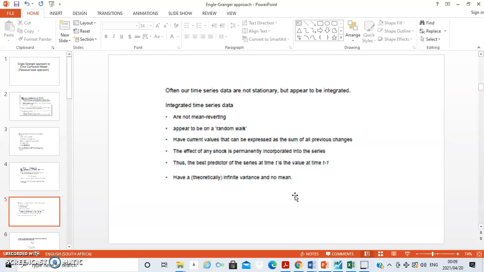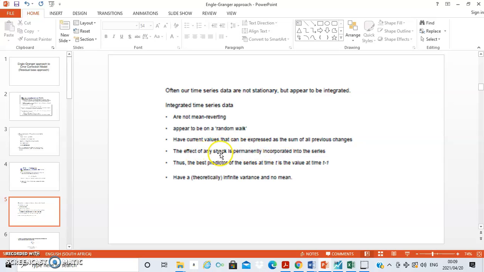Okay, now when the time series is non-stationary but appears to be integrated, then usually it's not mean reverting and it appears to be on a random walk. And we are also saying there is some memory.